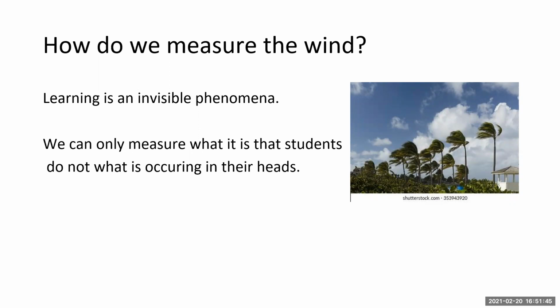But we can't directly measure the wind from the position that we're in. This is the same thing with learning. We can't directly measure learning from our position because it's happening inside the student's brain. We can't directly measure participation. We can only measure the actions that the students are taking.